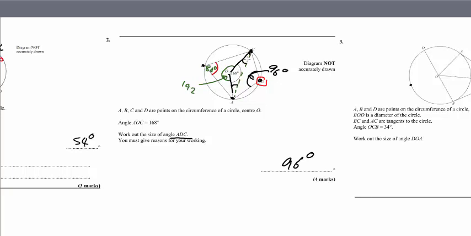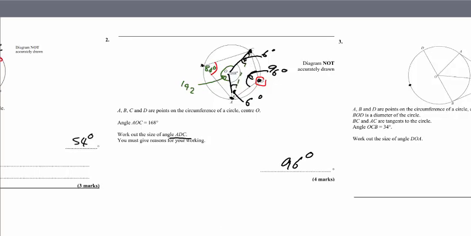So you could actually work that angle out. You know that all of these have to add up to 180, and you already have 168 there. So these two have to add up to the remainder, which is 12, and you split them equally. That'll be 6 and that'll be 6. Kind of interesting.